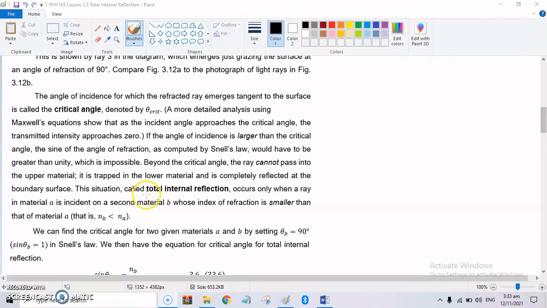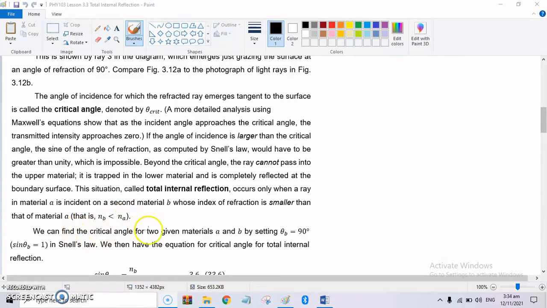This situation is called total internal reflection, and it occurs only when a ray in material A is incident on a second material B whose index of refraction is smaller than that of material A. That is, the index of refraction of B is less than the index of refraction of A.